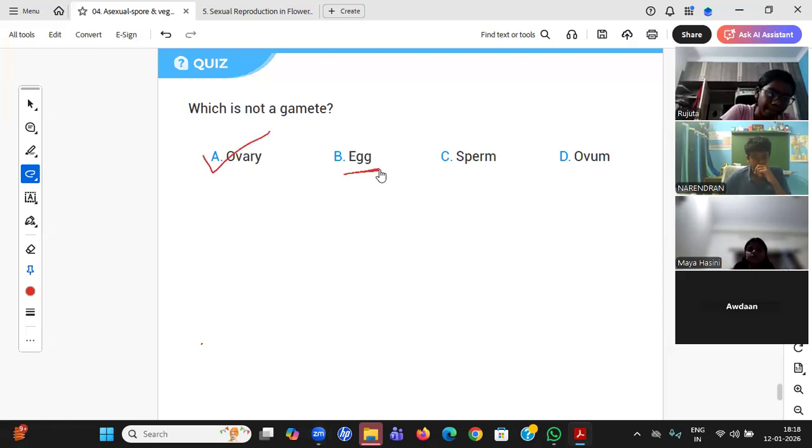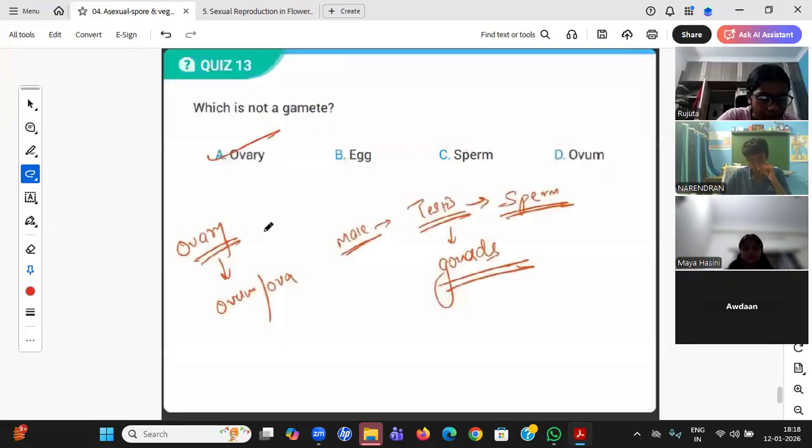Egg cell and ovum cell, you are mixing these two. They are the same, but at one particular part we call it an egg cell, which will become clearer when I start reproduction in humans. Sperm cell, egg cell, ovum cell. The ovary is an organ. Like in males, the testis is an organ which produces sperm cells, and the testis is known as a gonad. The ovary is also known as a gonad.